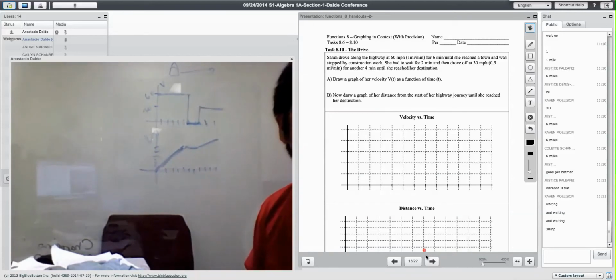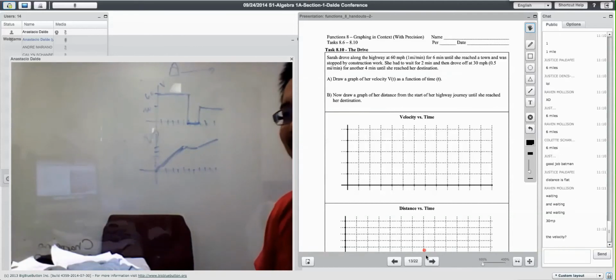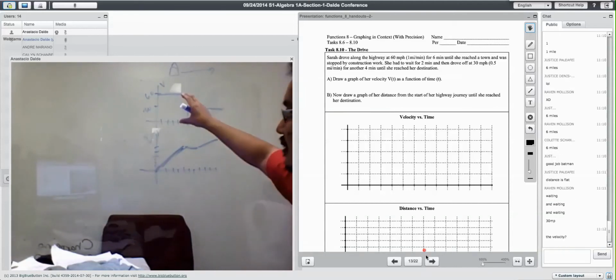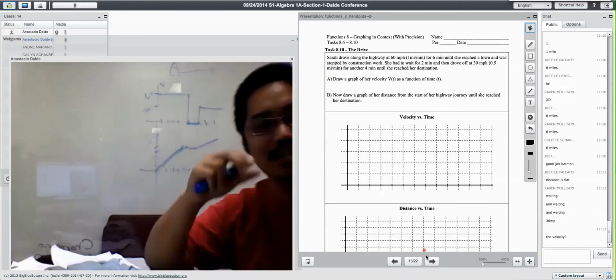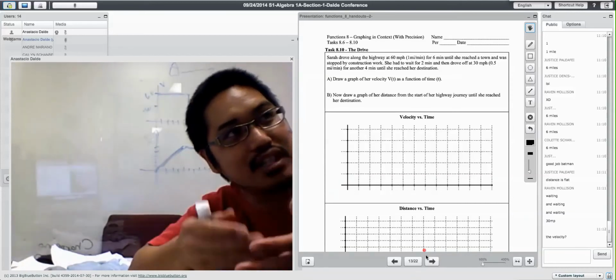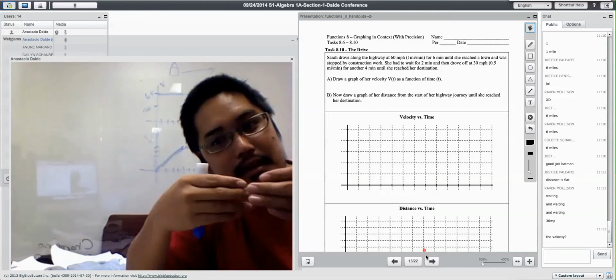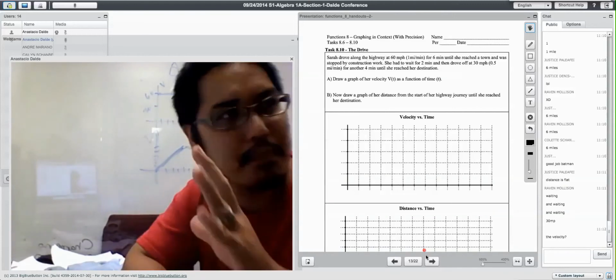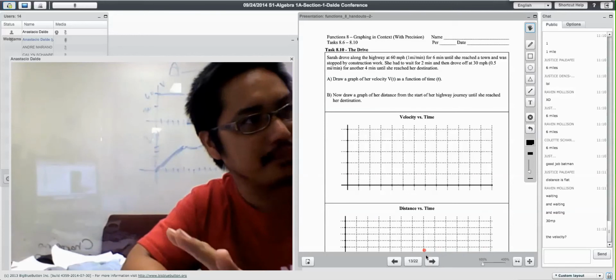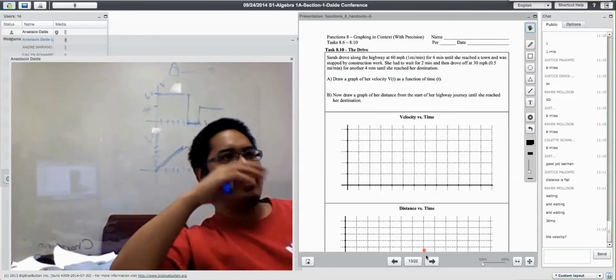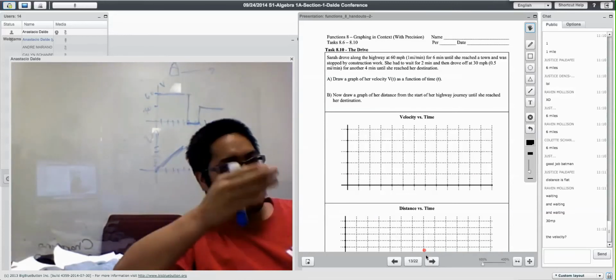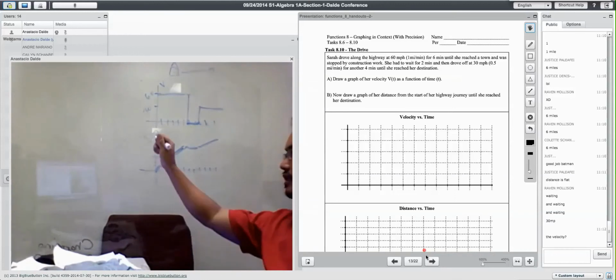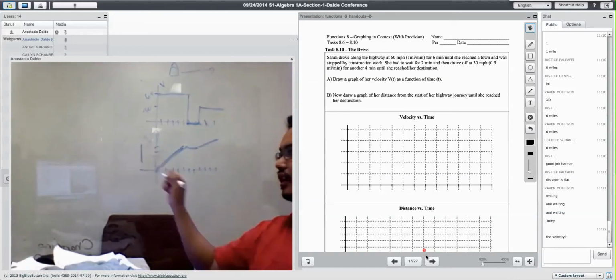Interesting, huh? The velocity time graph tells you the slope, because the slope of a position time graph is the velocity that you're moving at. If you think about it, I talked about the slope. What is the slope? The rise over the run, right? Rise over run is how high you change divided by how far you change.